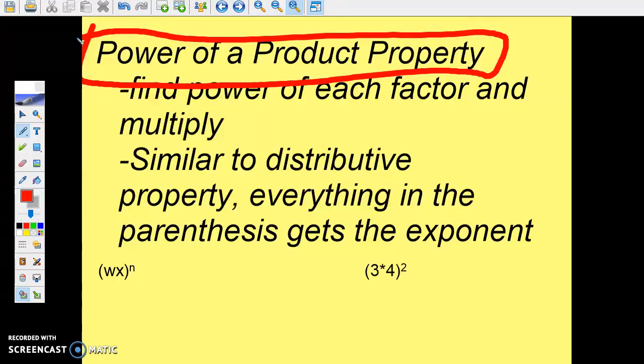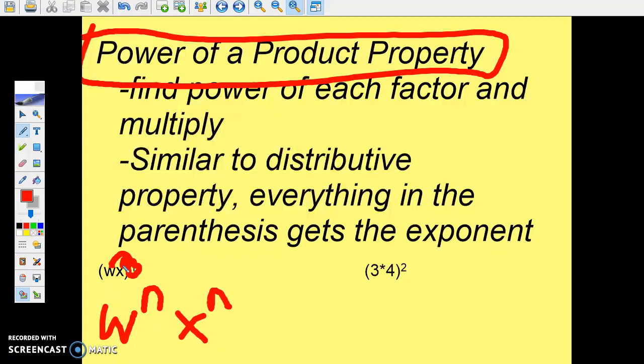So when I see w times x inside parentheses, and everything inside the parentheses is being raised to the nth power, what that means is I'm going to take w to the nth power, and I'm going to take x to the nth power. So I'm kind of distributing that n to everything that you see inside the parentheses.